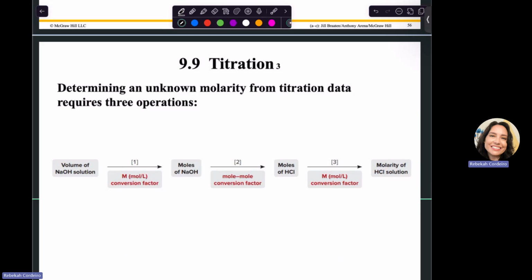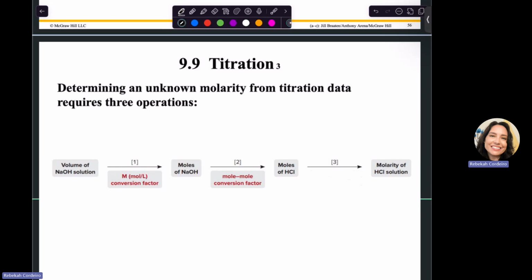Well, this is kind of wrong. Let me change this really quick. We're not really going to use a conversion factor here. We'll take the moles of our acid and then divide it by the liters of our acid to get the molarity of our acid. That should make sense.